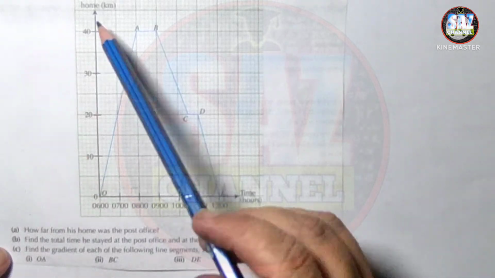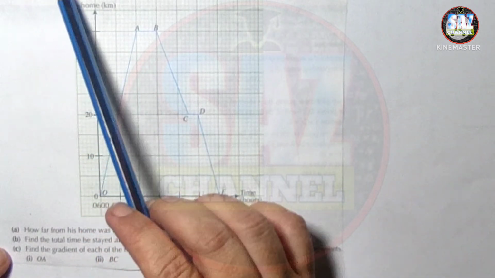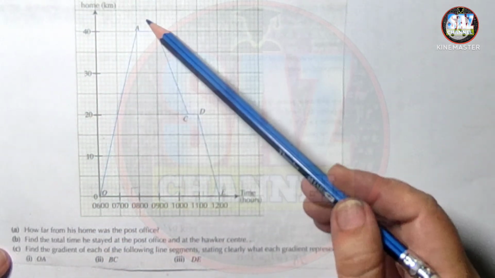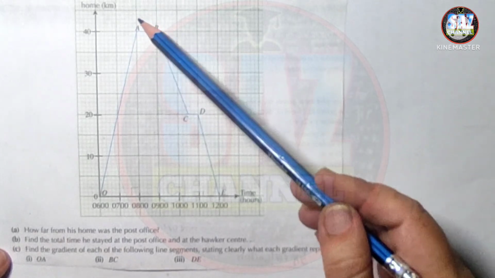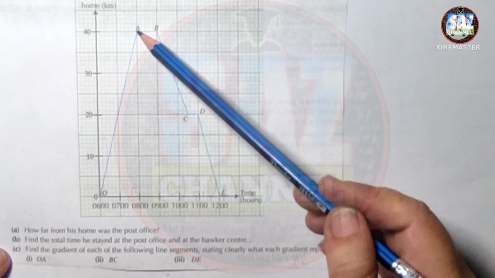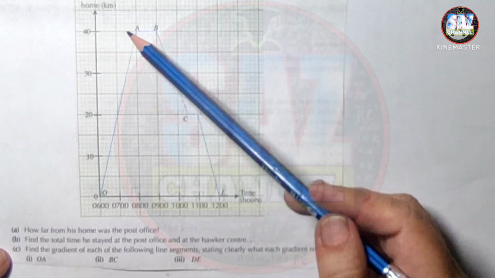So we can see the question says Ethan cycled from home to the post office. So it means this is the position for the post office. And so the post office is in front of what y value? So that is 40.